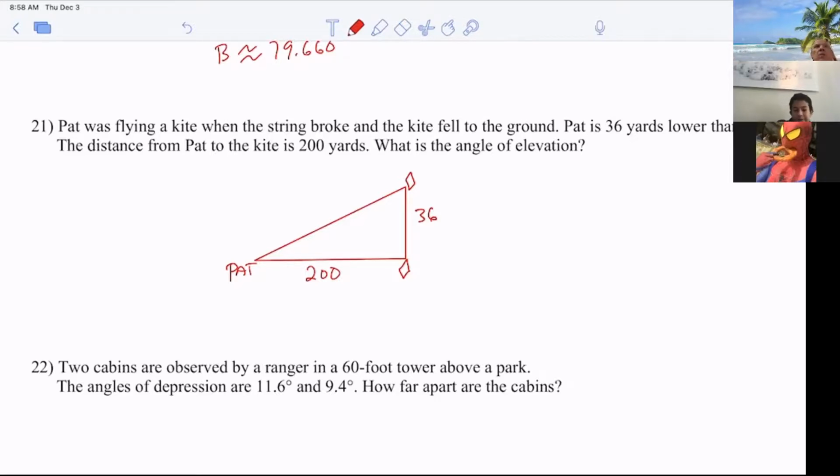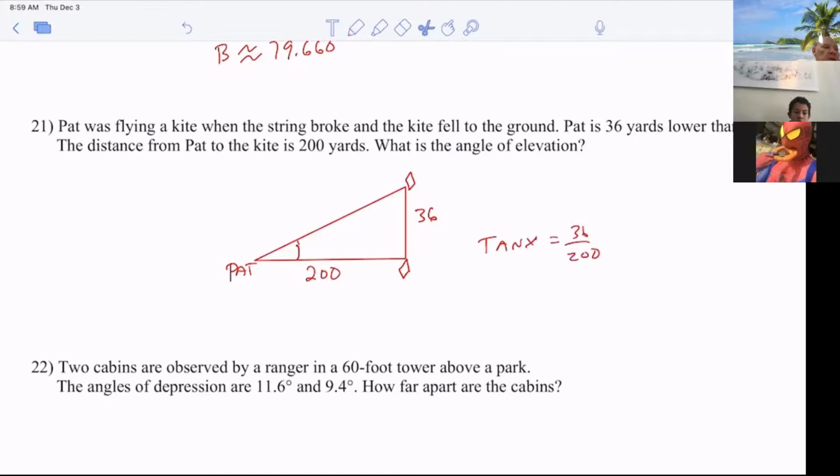All right. So the point is, I don't really care. I care how you perceived the problem is how you would write the trig. You with me on that? So again, if you thought this was 200 and the 36 went there, you would say tangent of x is equal to 36 over 200.